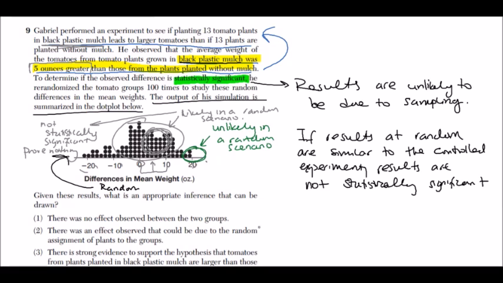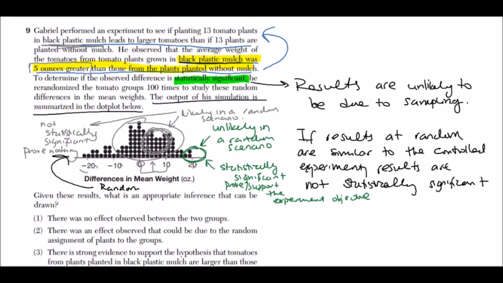The results that are unlikely in a random scenario, well, if they're unlikely in a random scenario, that means that there likely was an effect. So these are statistically significant. And prove, or at least support, the experiment objective.